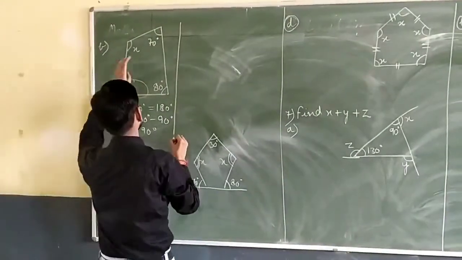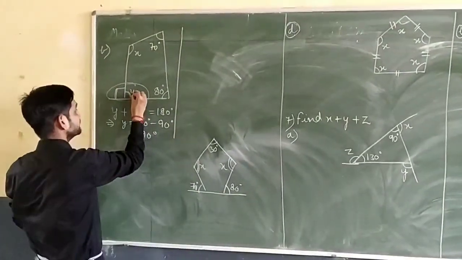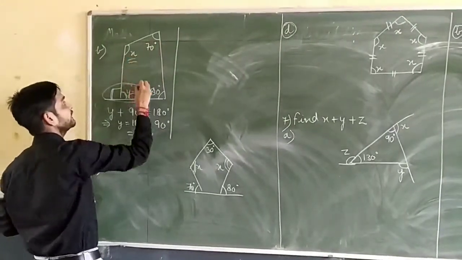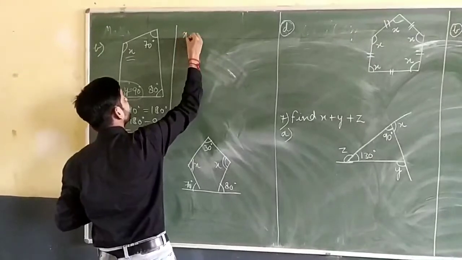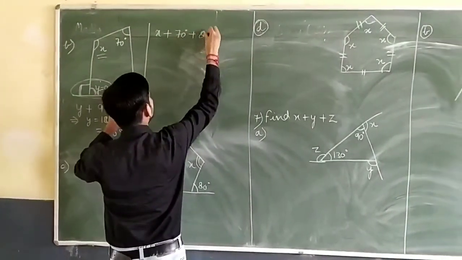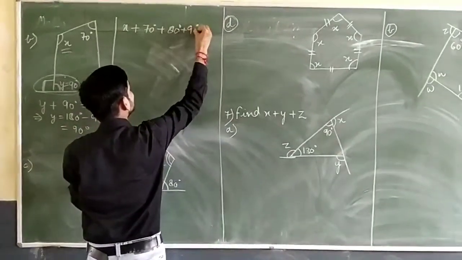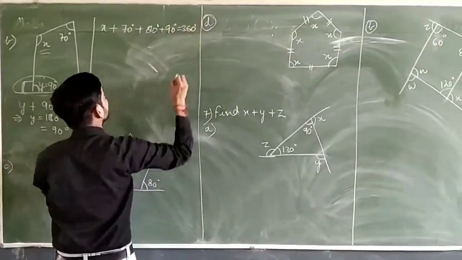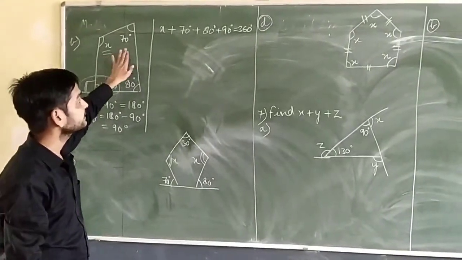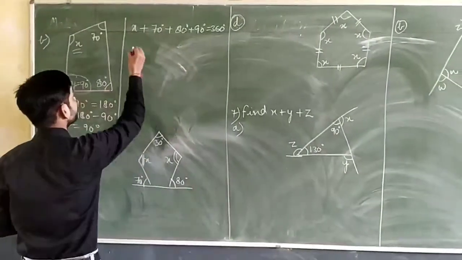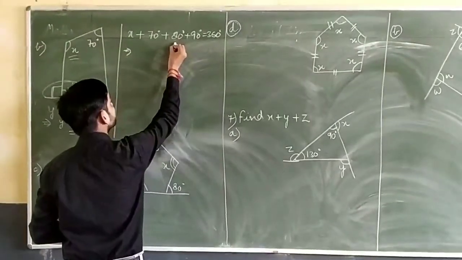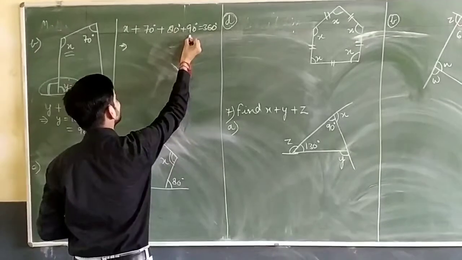Now you can see y's value is 90 degrees. You can see all the values are here instead of x. So put the values: x plus 70 degrees plus 80 degrees plus 90 degrees is equal to 360 degrees. Because this is a quadrilateral and the angle sum property of a quadrilateral is 360 degrees. Now solve this. 70 plus 80 is 150, 150 plus 90 is 240.